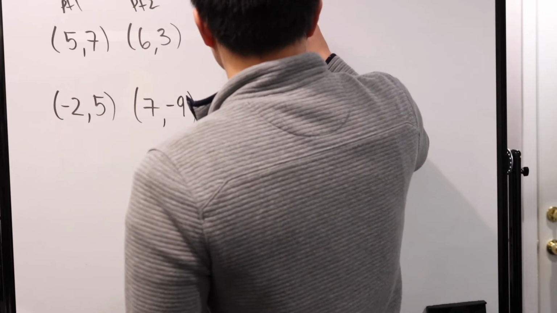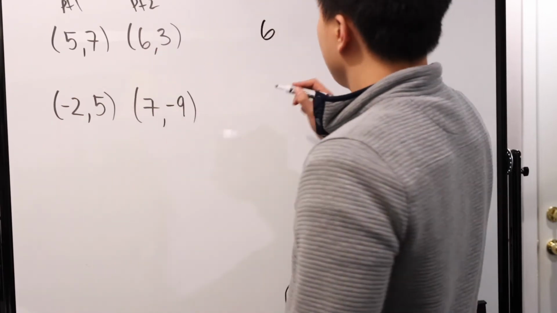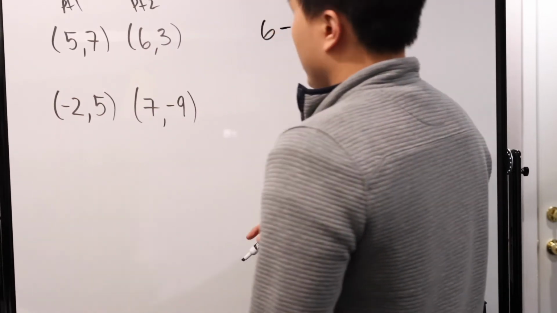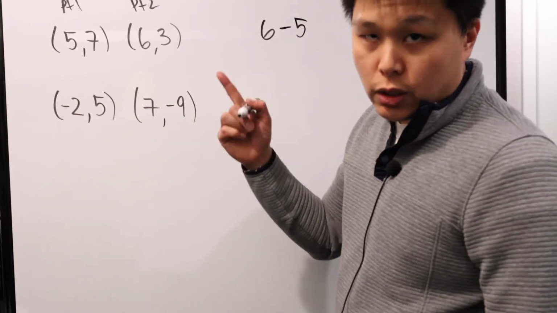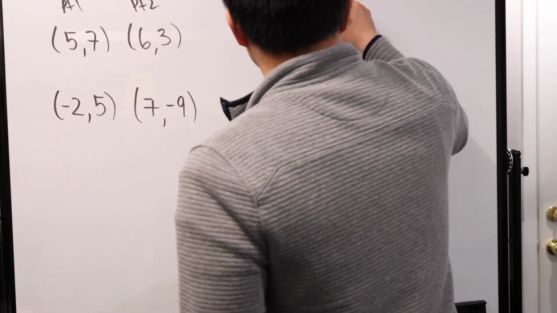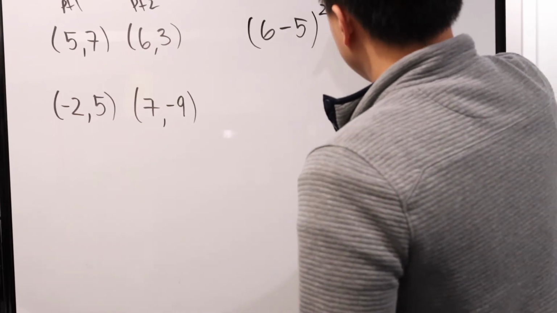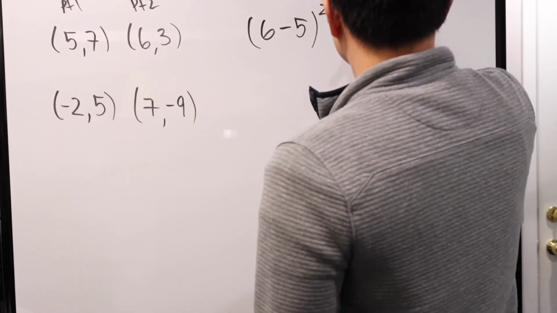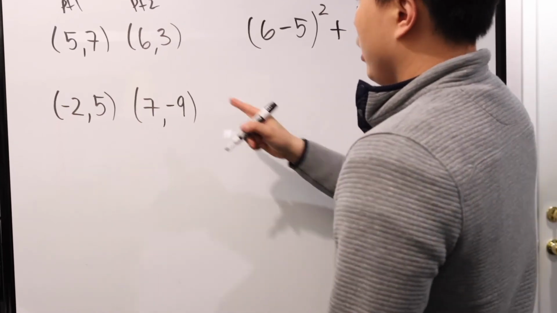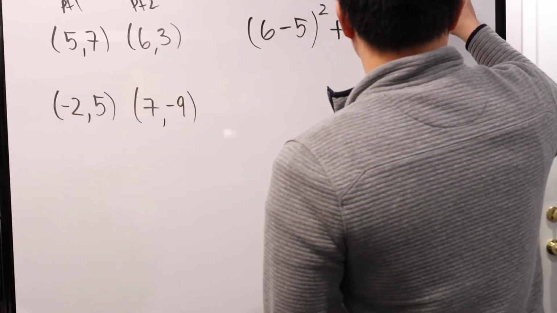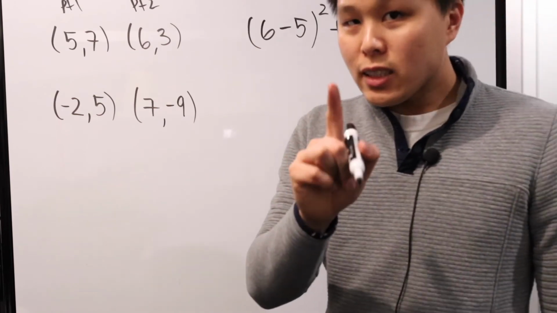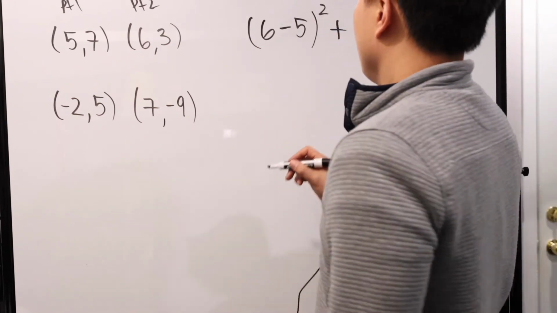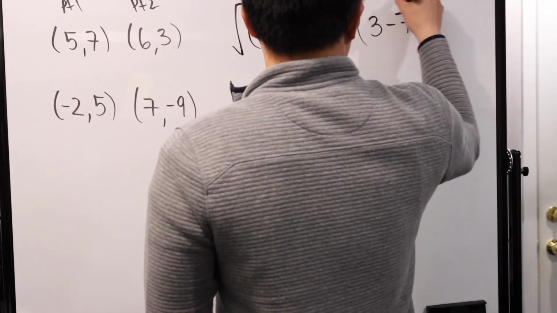Well, 6 is going to be our x2 minus 5, our x1. In this case, that gives us our length of x, plus, now we have to think of our length of y. Once again, same thing, 3 minus 7, our y2 minus y1, squared. Once again, not c squared, or d squared in this case, we want d. So we have to take the square root of it all.